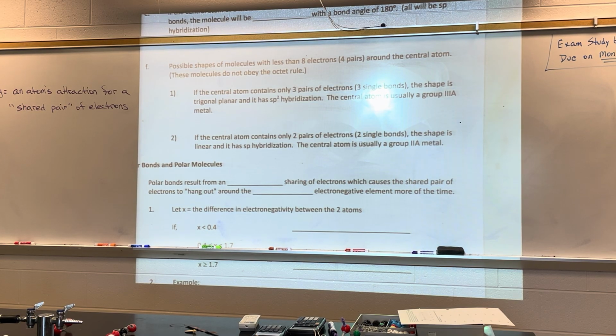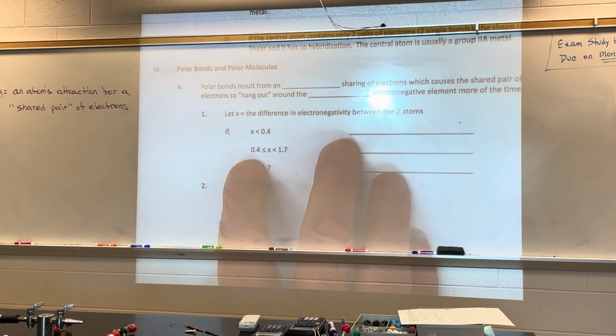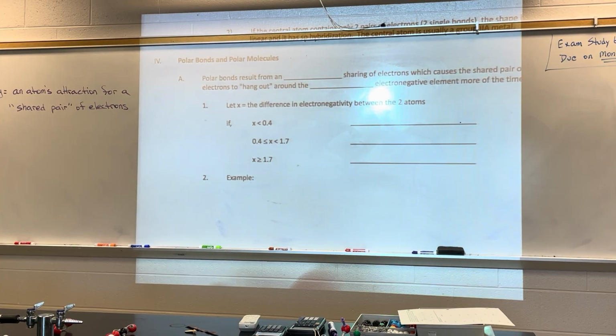Opposite, what do you mean opposite poles? Say that again. Opposite charge. It's got a positive and negative end. Ions are either positive or negative, but sometimes a molecule can have a positive or a negative end. Okay? And so we're going to talk about these polar bonds and nonpolar bonds.